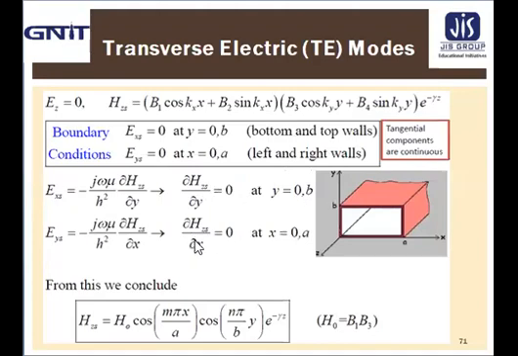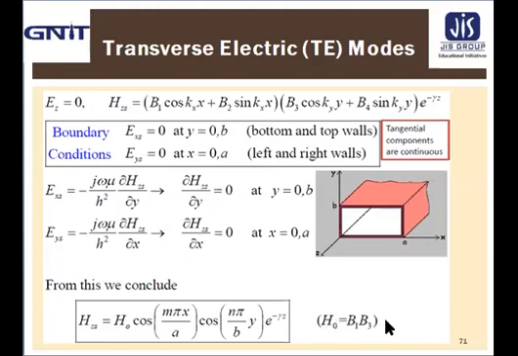Also del Hzs by del x equal to 0 when x equal to 0 and x equal to a. And if we impose the boundary conditions, then we can write that Hzs equal to H0 cos(mπx/a) cos(nπy/b) e to the power minus gamma z.